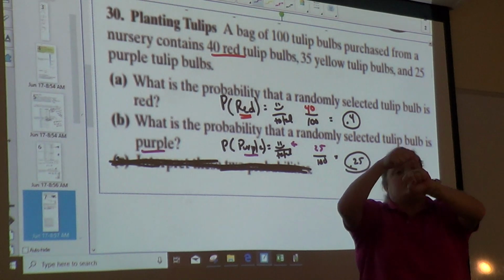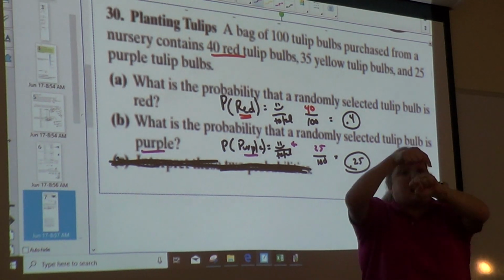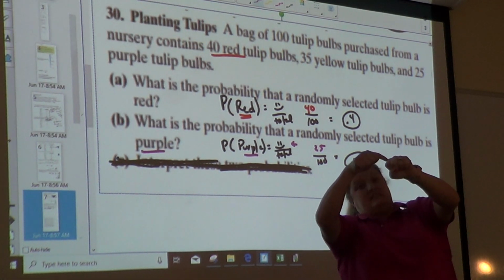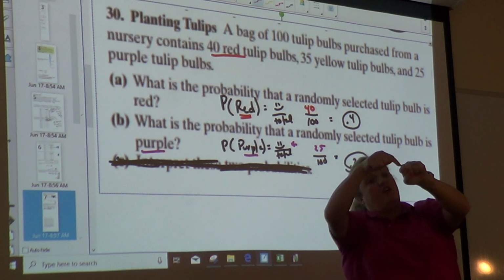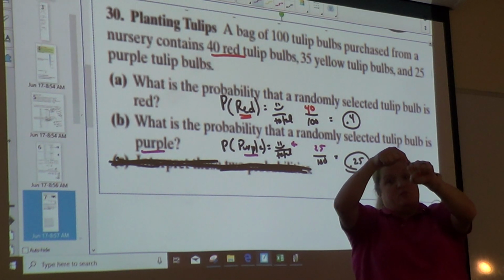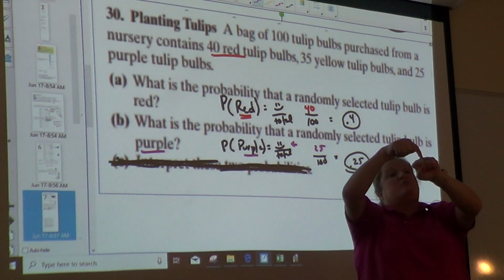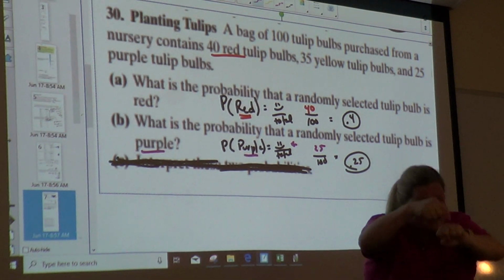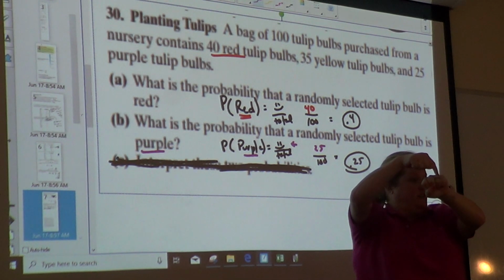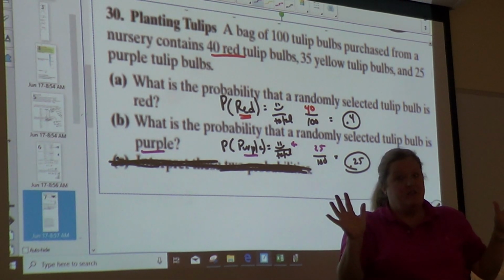May has 31. June has less than 31. July has 31, and August has 31. So July and August are the only 2 months back to back that have 31. September has less, October has 31, November has less, and December has 31. Okay? Because you can't Google if you have a month question on your test.